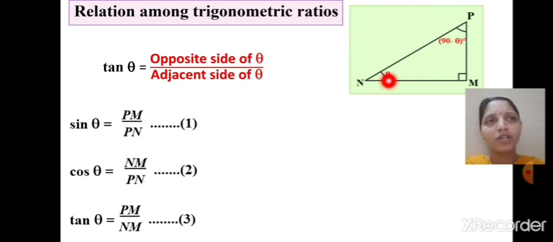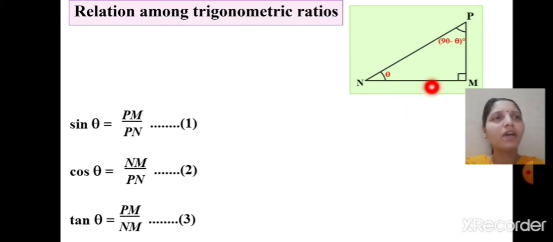Now if you consider the other acute angle, which is the other acute angle? It is angle P. So if you consider this angle, then also you have to find sin theta, cos theta and tan theta. Okay, so let's find. Now here the measure of this angle is 90 minus theta. So instead of sin theta, you have to write sin 90 minus theta.